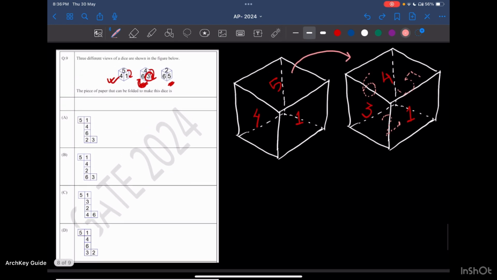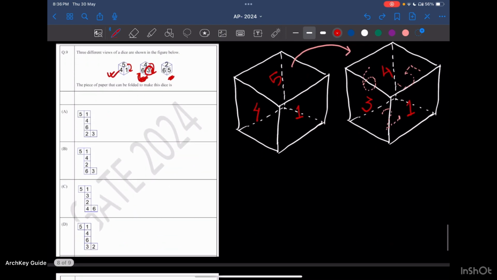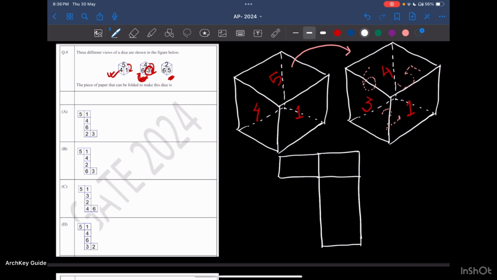Because in the options, what we have is the unfolded one. So, let's make the unfolded piece. As per the options, they have started with 1.